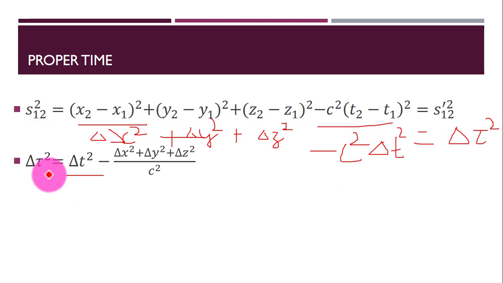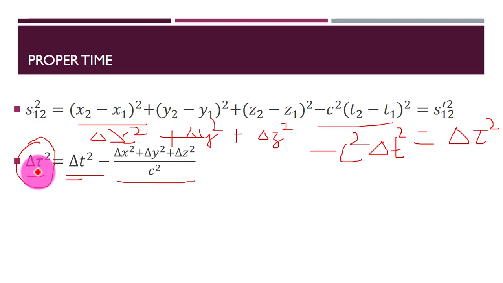So delta tau square will be equal to delta t square minus (delta x square plus delta y square plus delta z square) divided by c square. This is known as the proper time because in the S prime frame of reference the events have occurred at the same position.